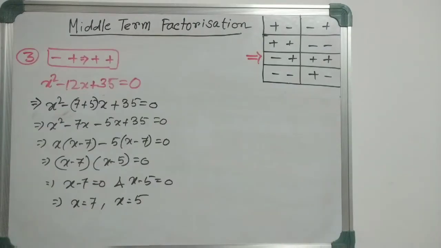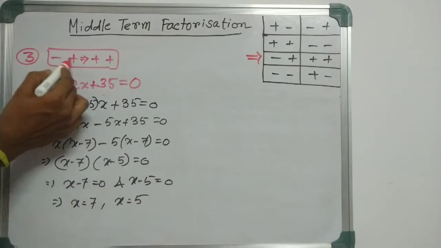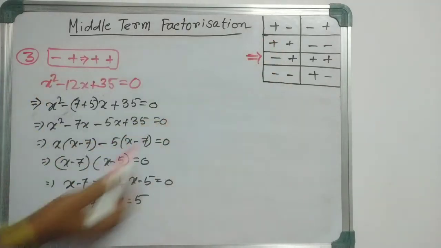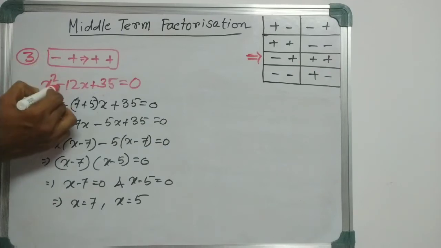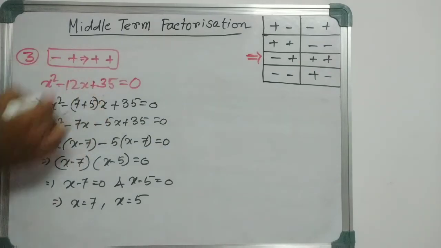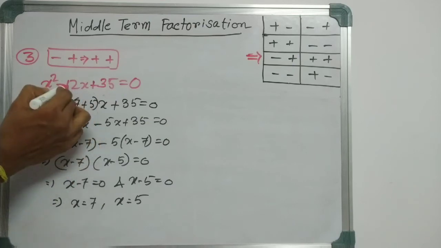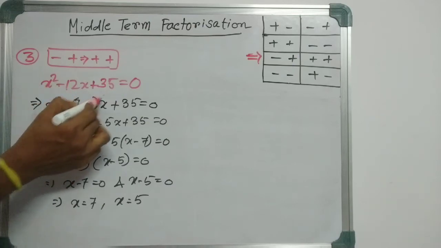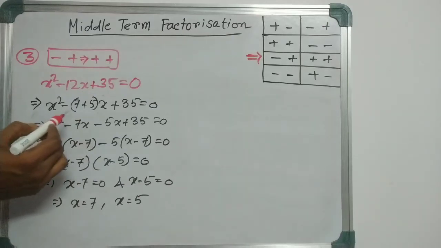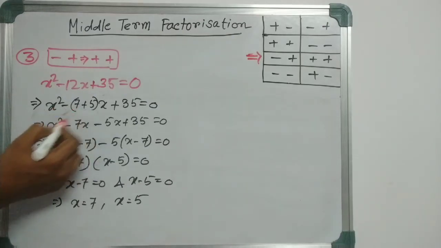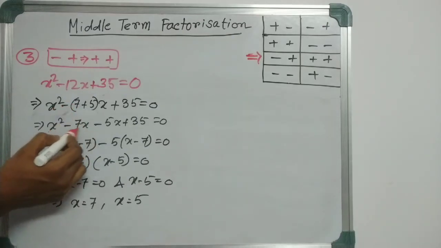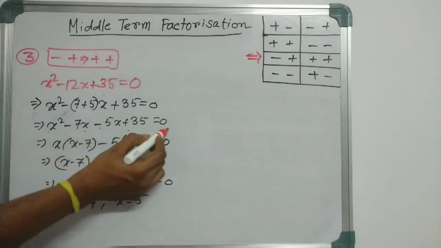So let's move to the third one. This is plus minus plus plus. Okay. Here this minus is this and this plus is this one. Now 12, so 7 plus 5 equals 12 and also 7 into 5 is 35. So that is why we have chosen 7 and 5. Now let us open the bracket and it is x square minus 7x minus 5x plus 35 equal to 0.